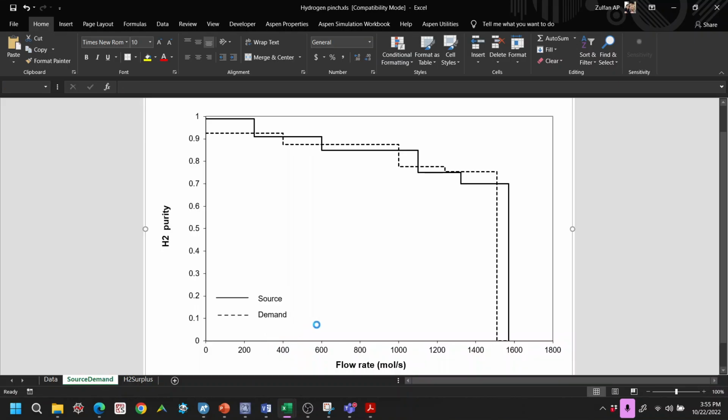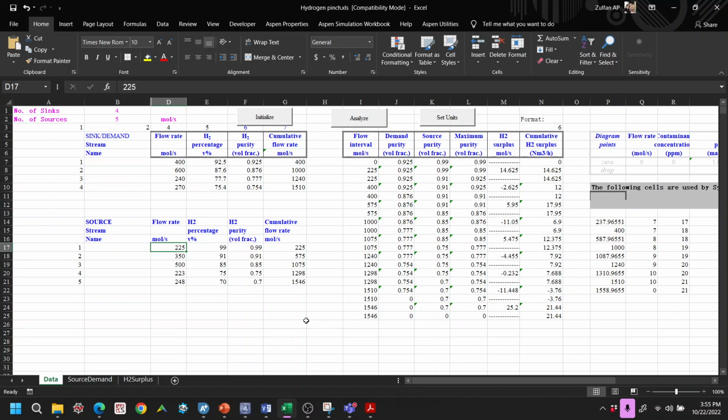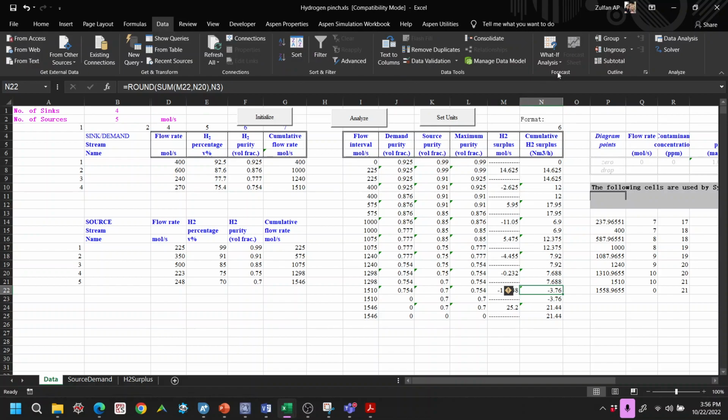So this is how it moves around, and what this Excel tool has done is, as they say, we need to minimize this, make it 0. So if you look in here, we have to put this equal to 0. So we go to, I think it's in developer, right? No, all data. So we go to what-if analysis and then goal seek.